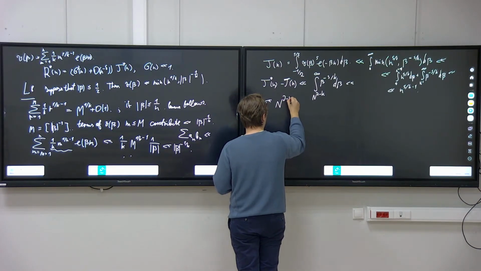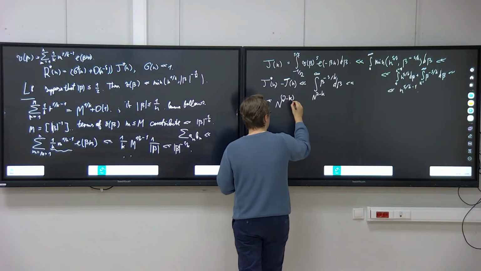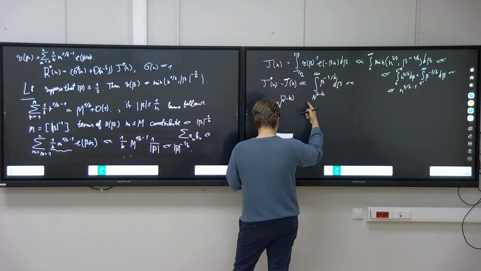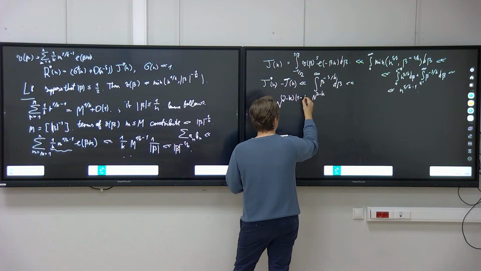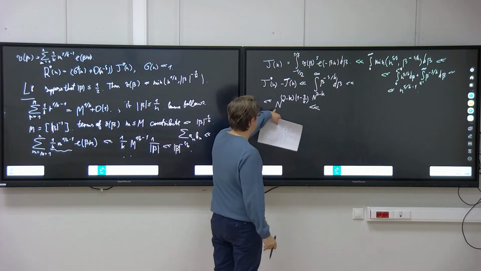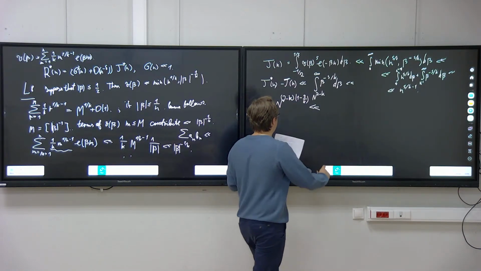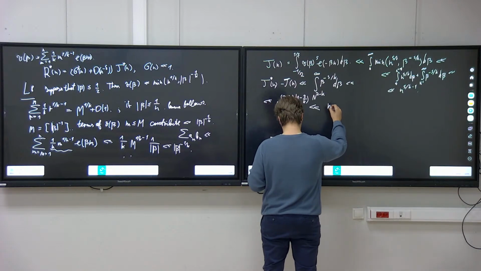of course just computed. This is 1 minus s over k, and this is less. In terms of small n, we should divide everything by n to the power k.